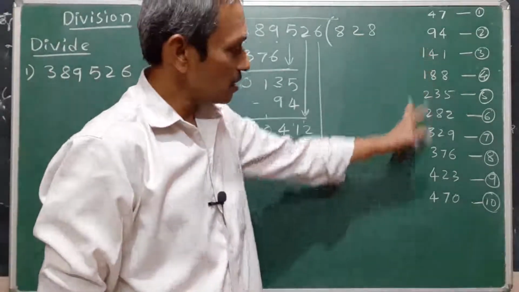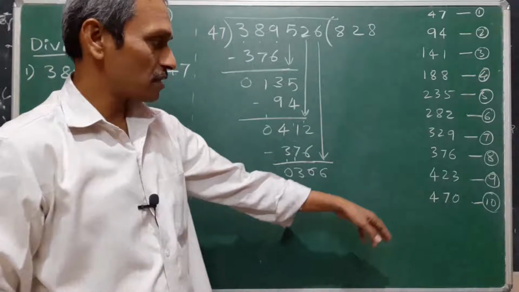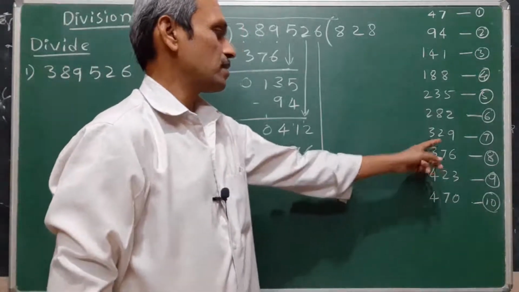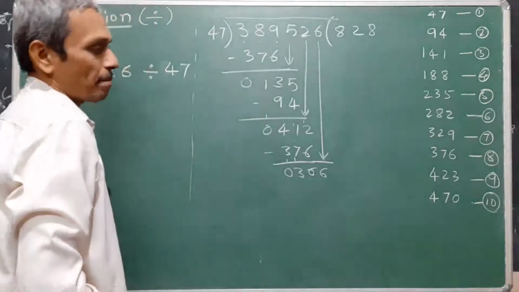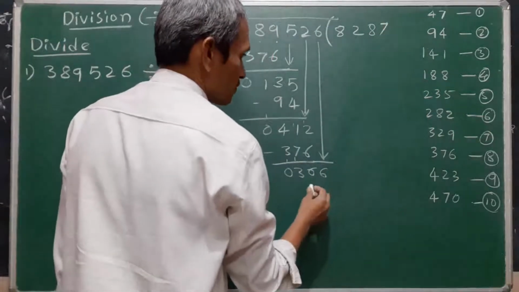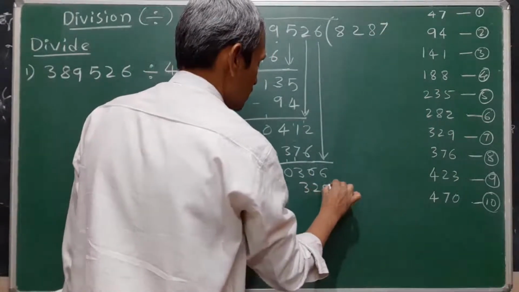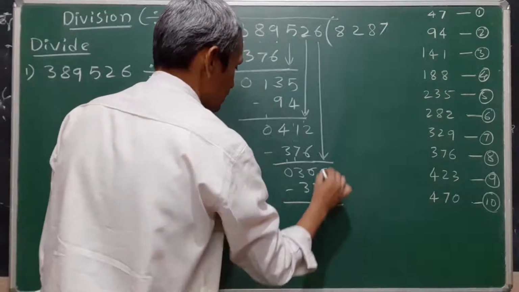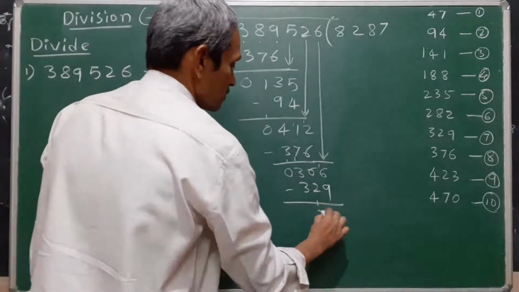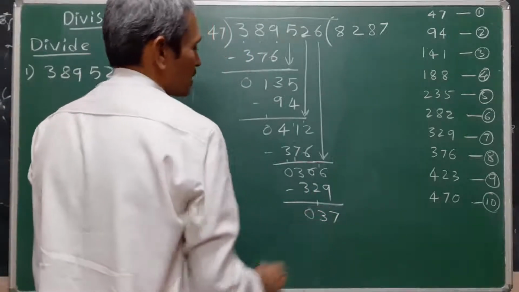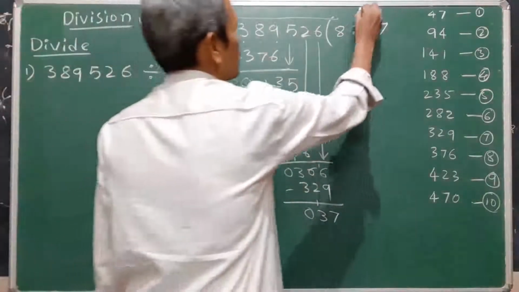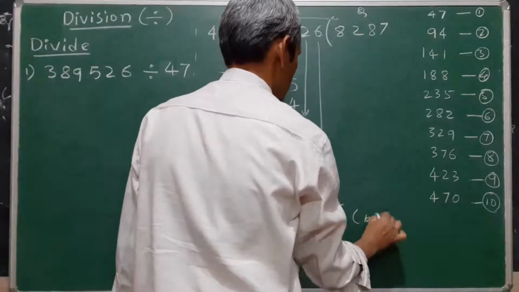Search in this table whether 366 is present or not. It is not there, so the one less than this is 329, that is 47 7s are 329. Now we will subtract: 16 minus 9 is 7, 3, 0, so 37 remains. This one is the quotient, and this one is the remainder.